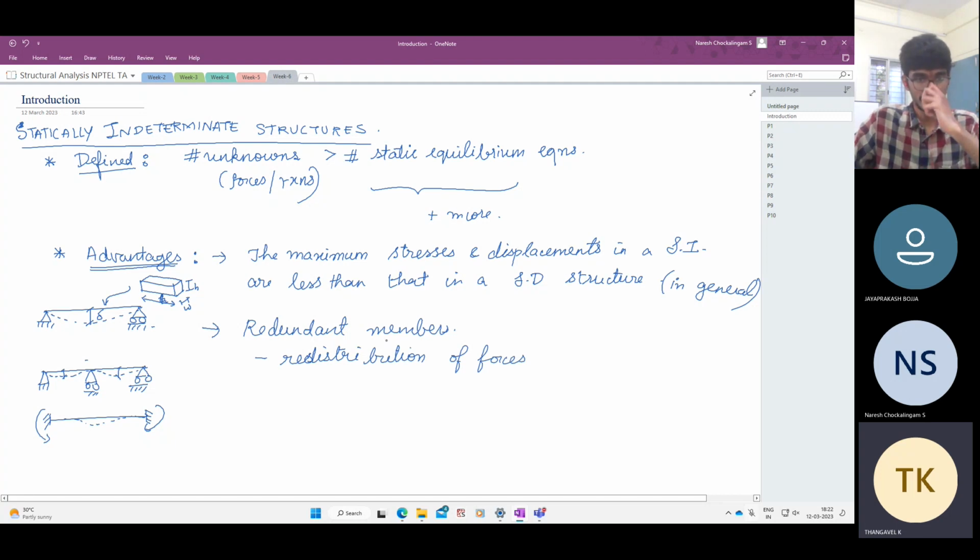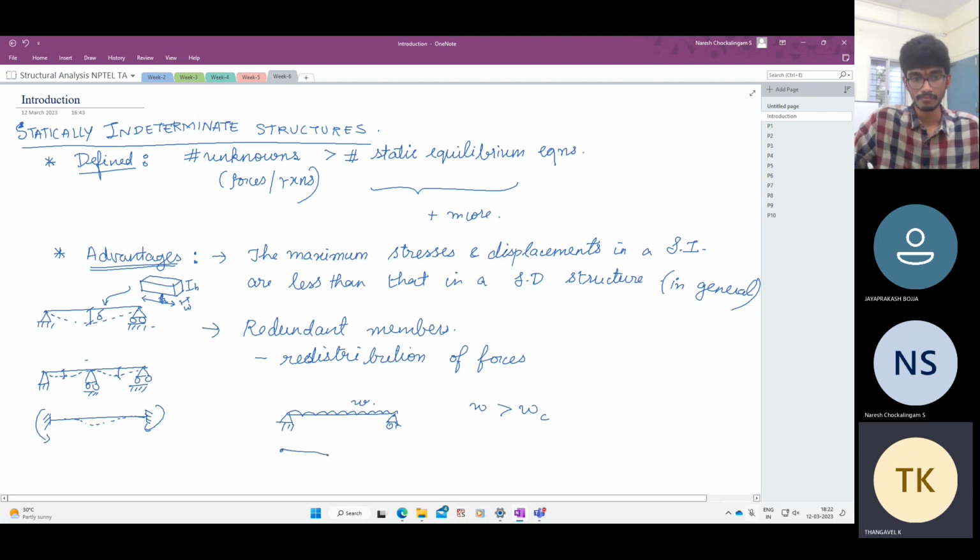So if a structure is statically determinate, say for example, if you take a simply supported beam and it is subjected to a certain load, but for some reason, if load exceeds the collapse capacity, which is if it exceeds the maximum design load, that is the maximum load it can take, then what happens?